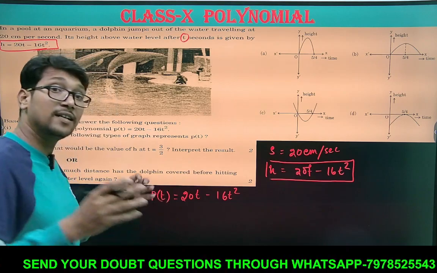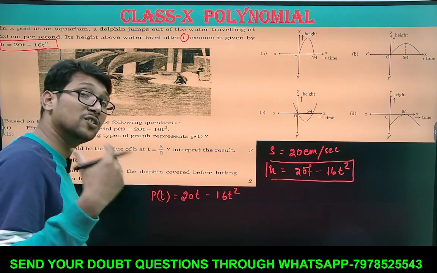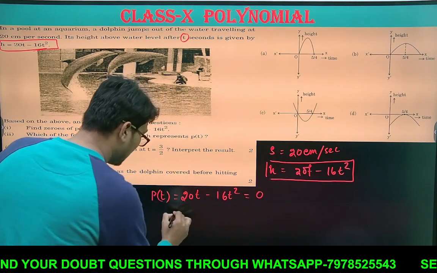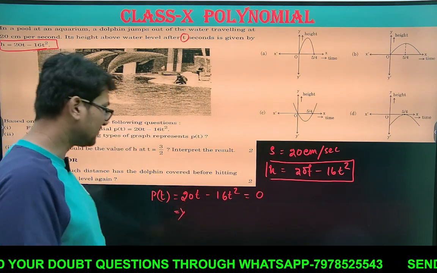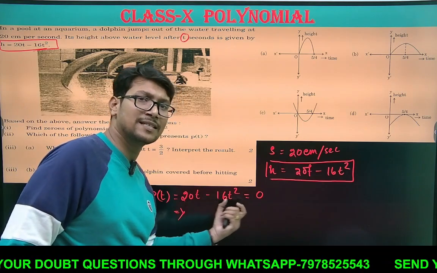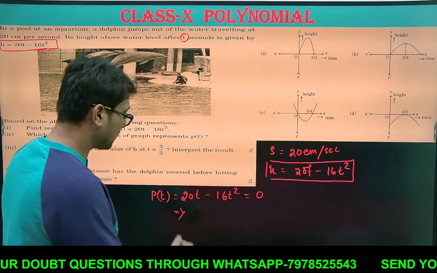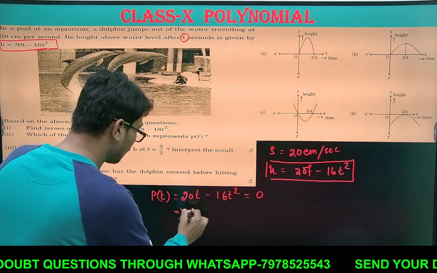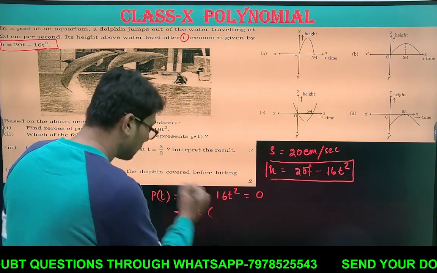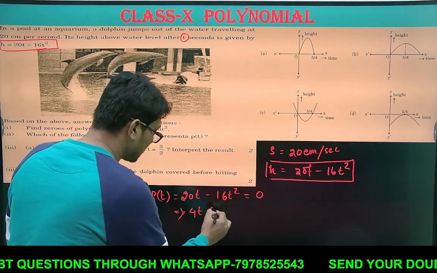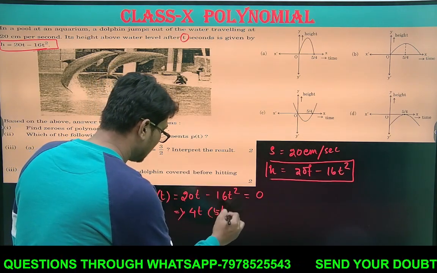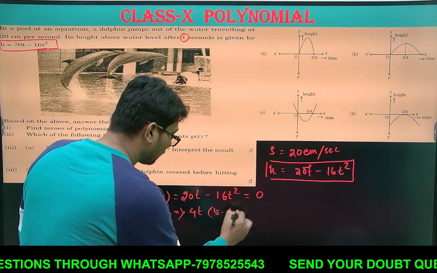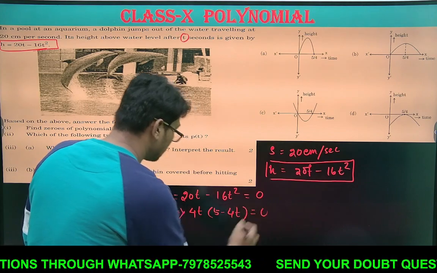So we have to find the zeros of this polynomial. Finding the zeros means equating the polynomial with 0. Now check, in the left hand side, what is common? 4t is common. What is left from the first term? 5 is left. So 4t times (5 minus 4t) equals 0.